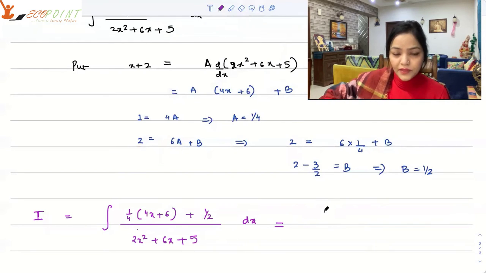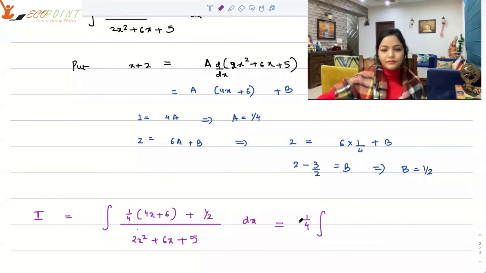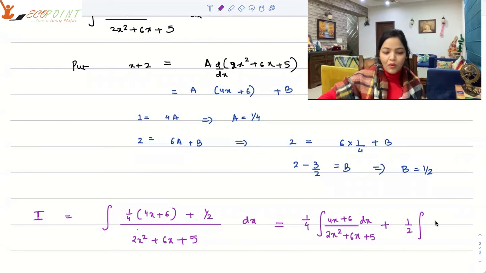So this will become the integral of 1 upon 4, (4x plus 6) whole thing upon (2x square plus 6x plus 5), plus the integral of half dx upon 2x square plus 6x plus 5.